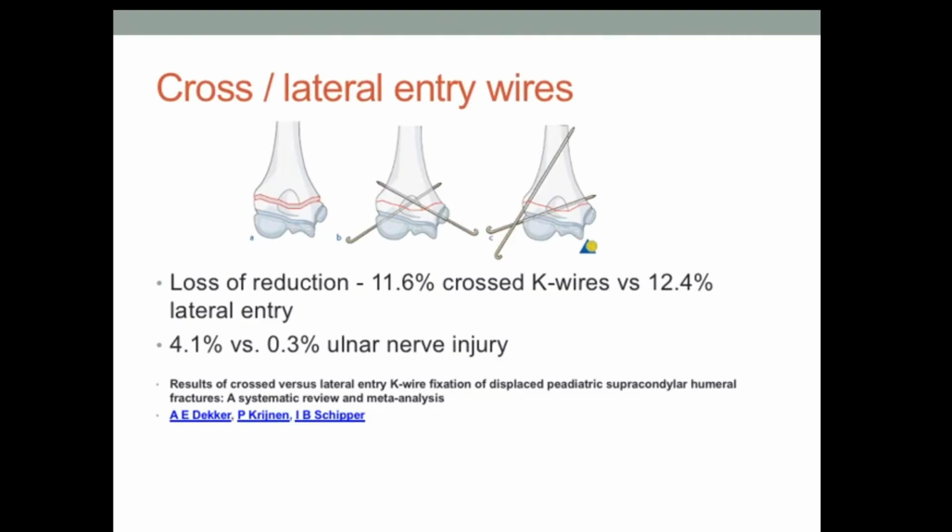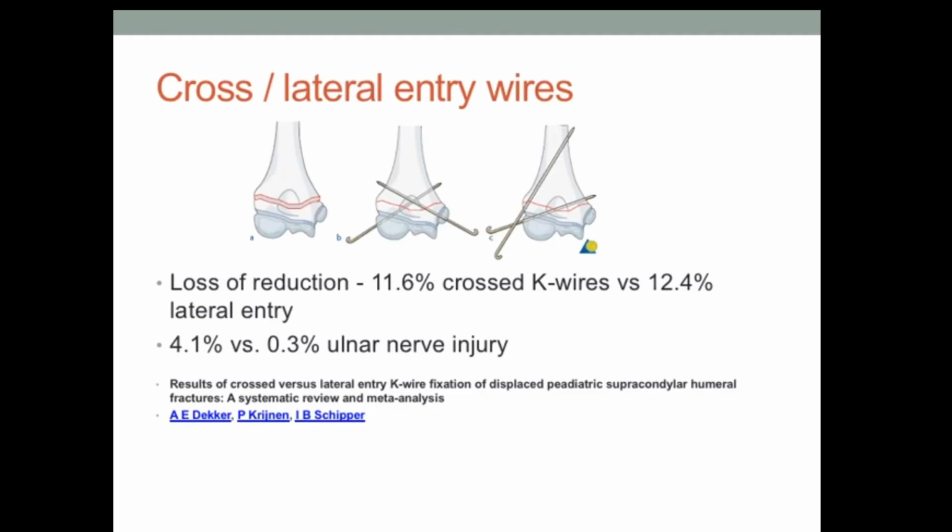My preference is for lateral divergent K wires, based on a meta-analysis performed by Decker, which showed and discussed that whilst there are theoretical biomechanical advantages of cross wires, there was no difference in the loss of reduction between the two configurations.